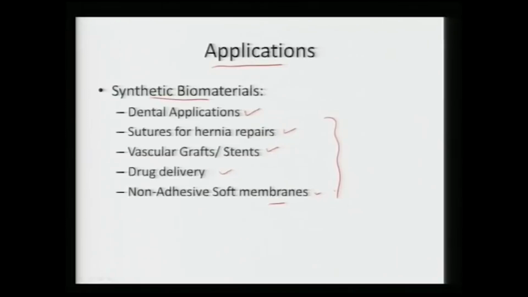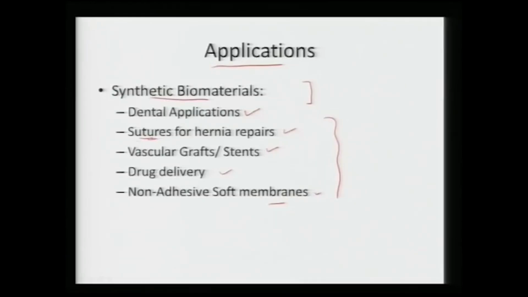So they have to undergo certain selection criteria, such as for dental applications, those are more load bearing. They need to also have fracture toughness, and for the sutures, they need to dissolve with time, or they have to be removed if these are non-dissolvable or non-degradable polymers.